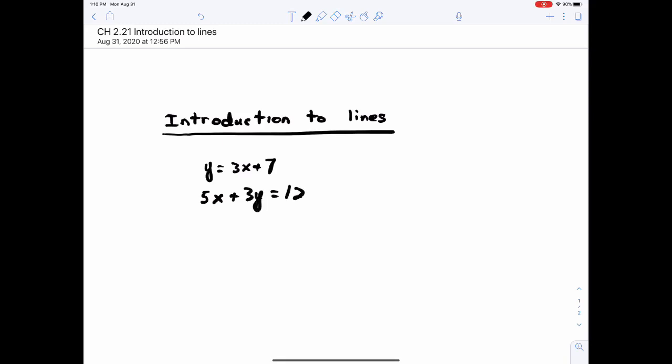That's a linear equation. That's a linear equation. And we'll get to these different types of linear equations eventually.